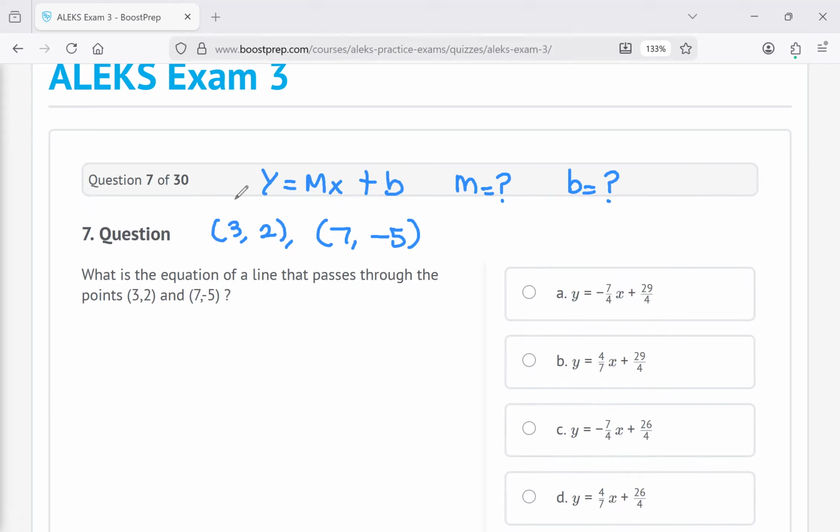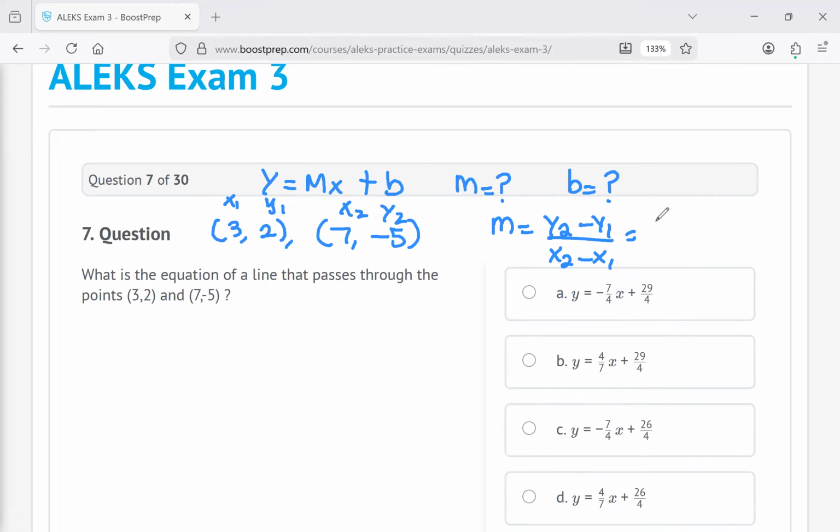So what I'm going to do is find my slope by using the slope formula. This is going to be x1, y1, x2, y2. Once I label that, I don't get confused.